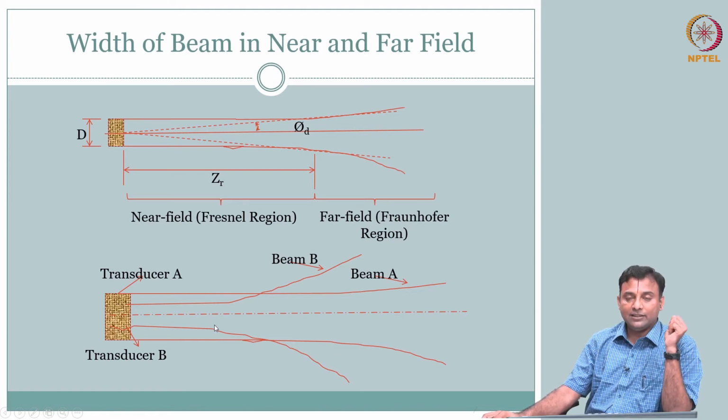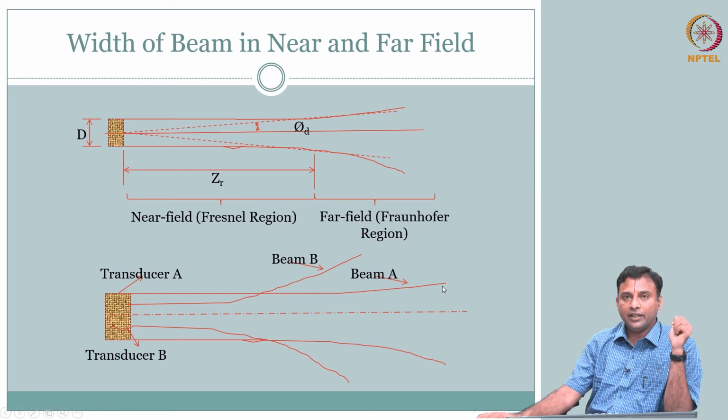So divergence less, divergence more is okay, but then you notice that if divergence is less, here you notice that this extra space, so much volume you are going to insonify. So your ability to look, because at the end whatever you are going to get as R of t that you are receiving, you are going to say came from location 1, location 2, location 3 along the depth.